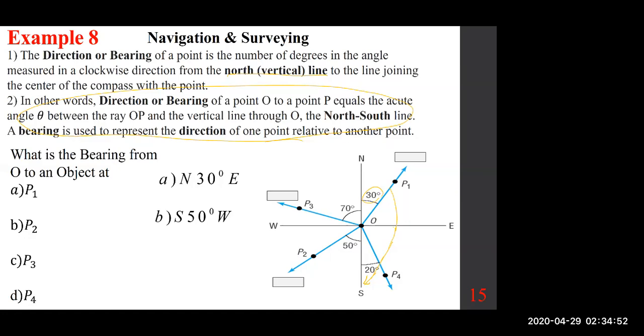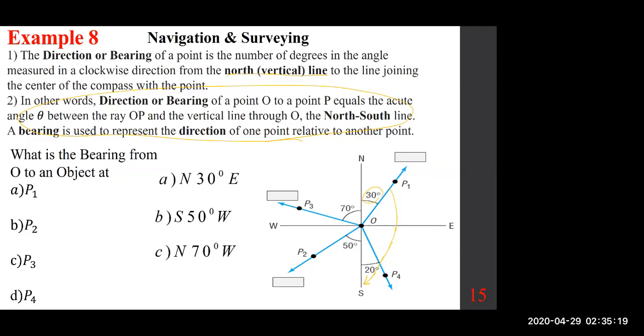All right. What happens in the case of the next point, P sub 3? What's the answer? North 70 west. Very good, because it's closer to north, right, class?